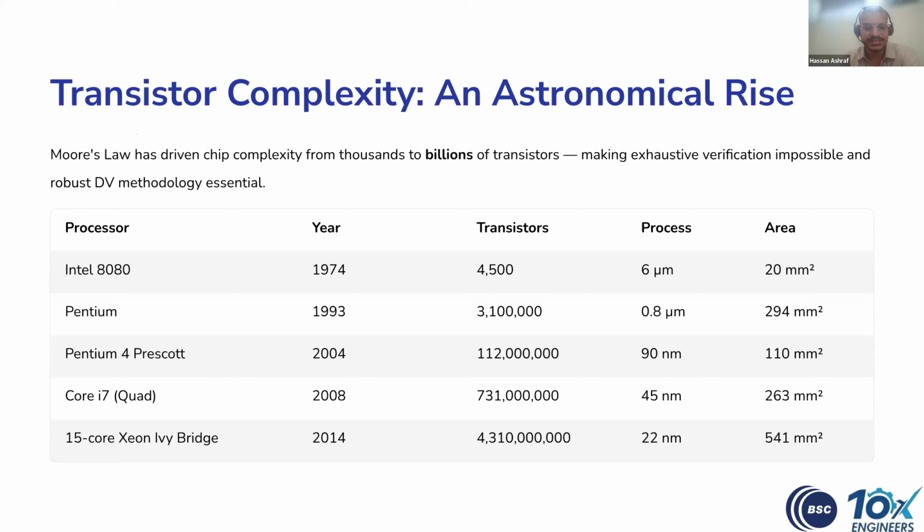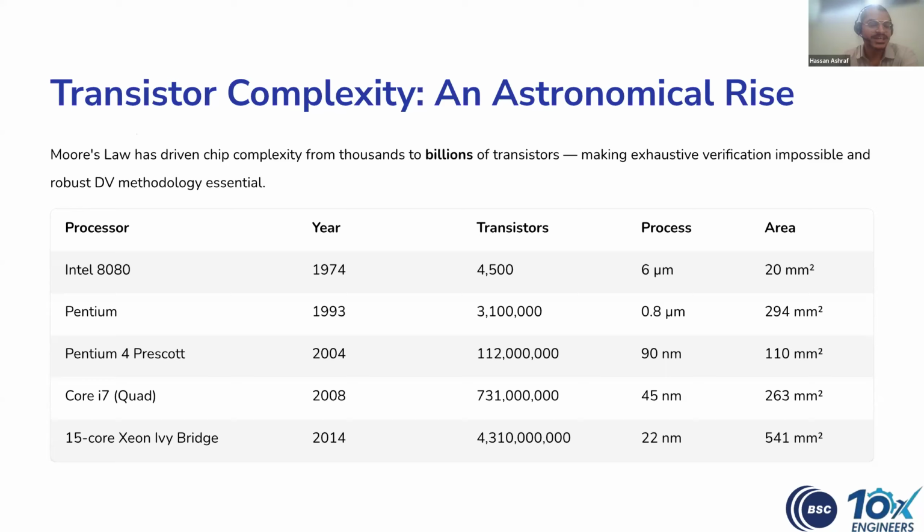And you can see that in just a few years, we have explored chips with billions of transistors. You can imagine complex designs like AI accelerators, which have billions of transistors, and each transistor is a test case for the verification team.